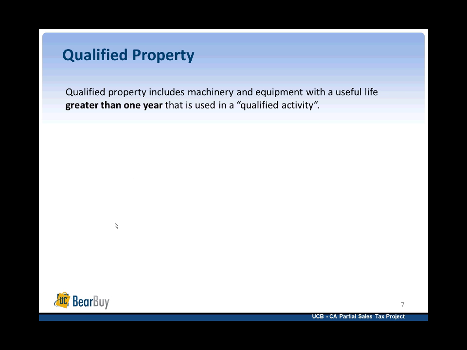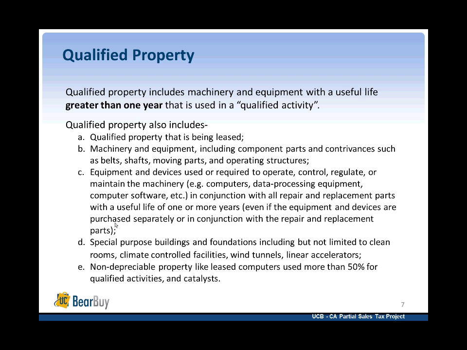Qualified property includes machinery and equipment with a useful life greater than 1 year that is used in qualified activity. And we do list out what that entails. It mainly entails machinery and equipment, as well as any component parts and contrivances such as belts, shafts, moving parts, and operating structures. So anything that makes up that equipment also qualifies for the partial sales tax exemption.